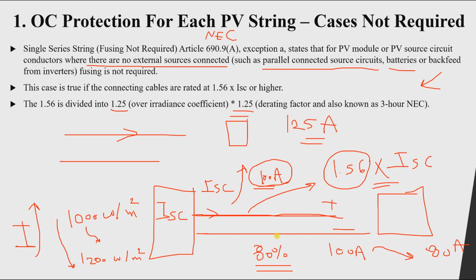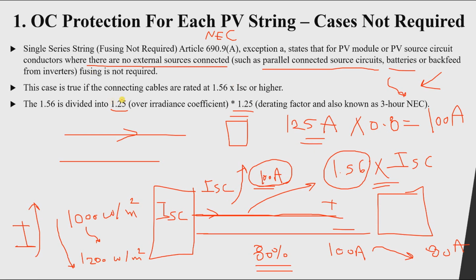Then when we apply the derating by the 3-hour NEC rule, multiplying this by 80% to load this cable by just 80%, we will get the 100 amperes required. So we oversize, or choose a higher-rated cable, so that when we derate it by 80%, we get the required current that we need. Okay, I hope it's clear.